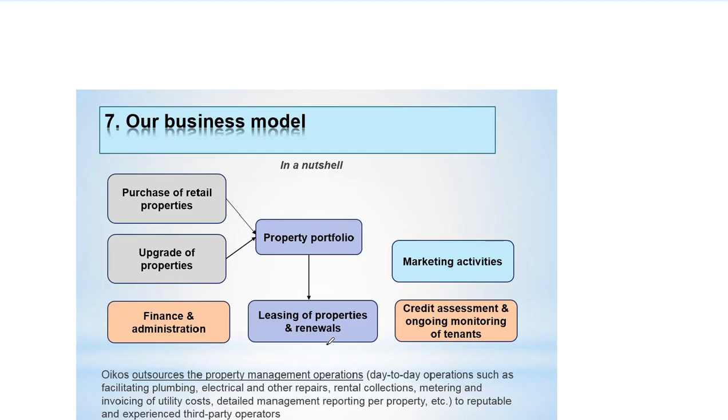So you are expecting the company will be leasing out the property and also renewing the contracts for the current renters or tenants. And then there's purchase of retail properties. We have seen that each year they're increasing property by one. As you see that increase, it makes sense, because they are increasing the property by one, so they need to be purchasing those properties.